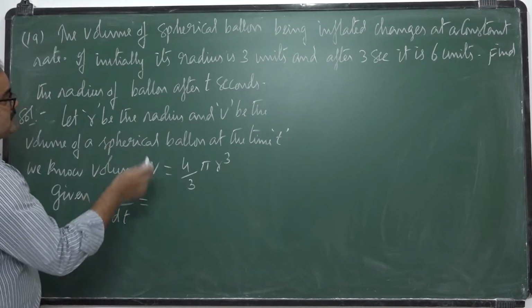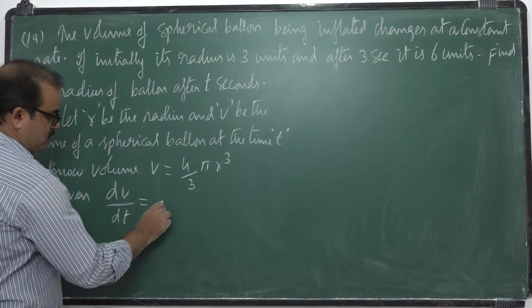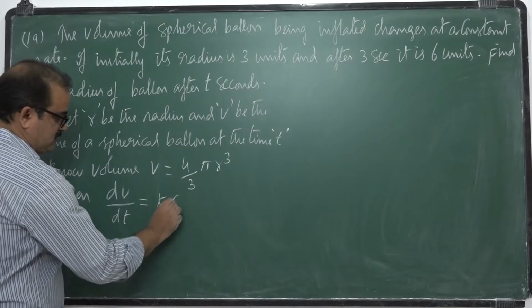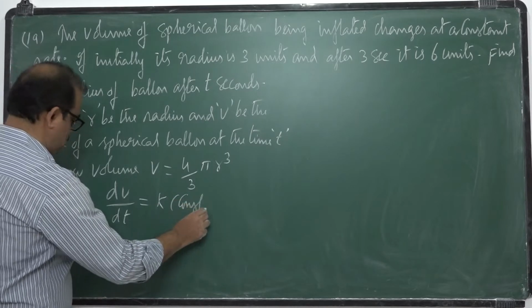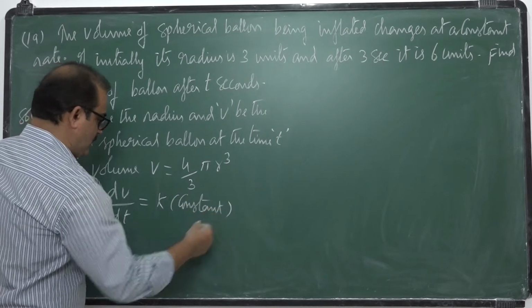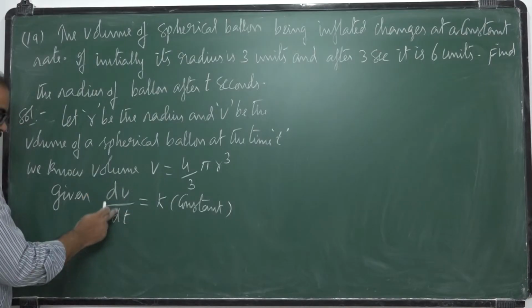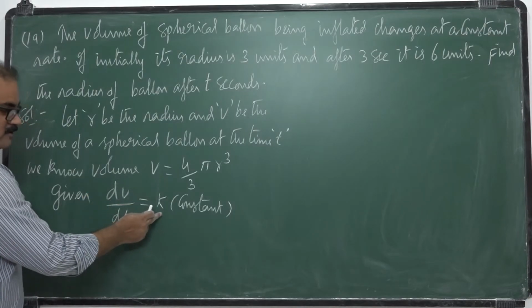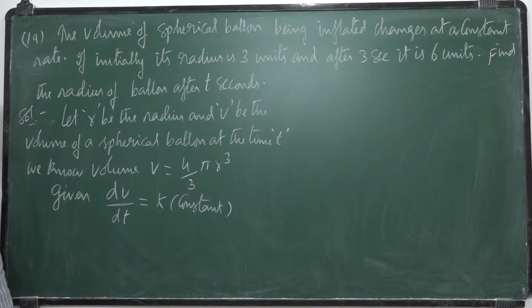It changes at a constant rate, so dV by dt is equal to a constant. Let that constant be k.